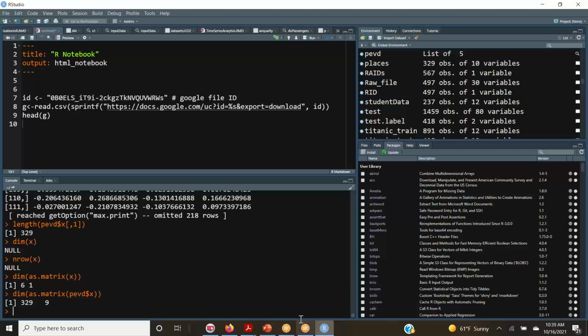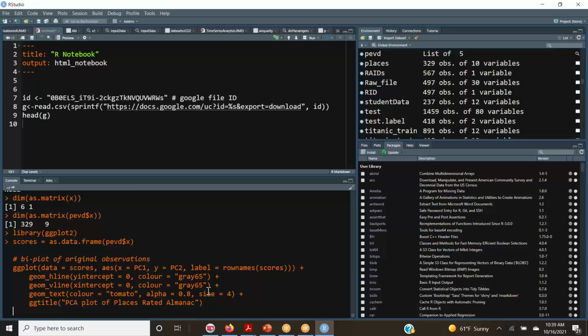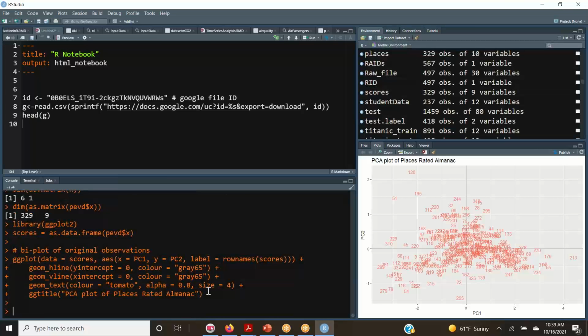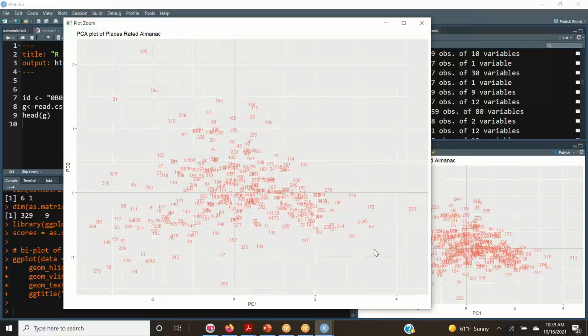That's our goal now. Library ggplot2. I want that to happen here. Okay, there you go. This is all the 329 points.